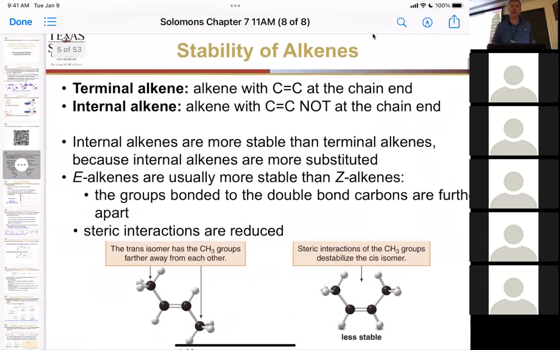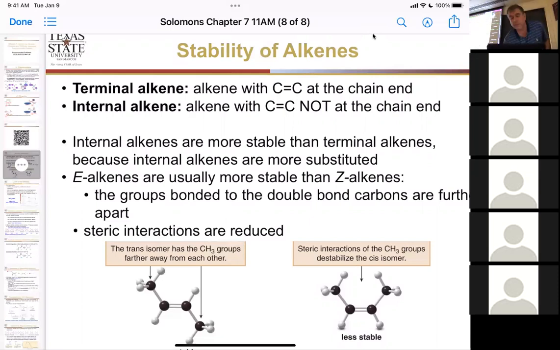So now let's talk about stability of alkenes. I said we're going to have some rules for which product you're going to form. It turns out it's going to be a thermodynamic reason, and the reason is that the stability of alkenes changes by the number of groups that are substituted. A terminal alkene is basically at the end of the chain.